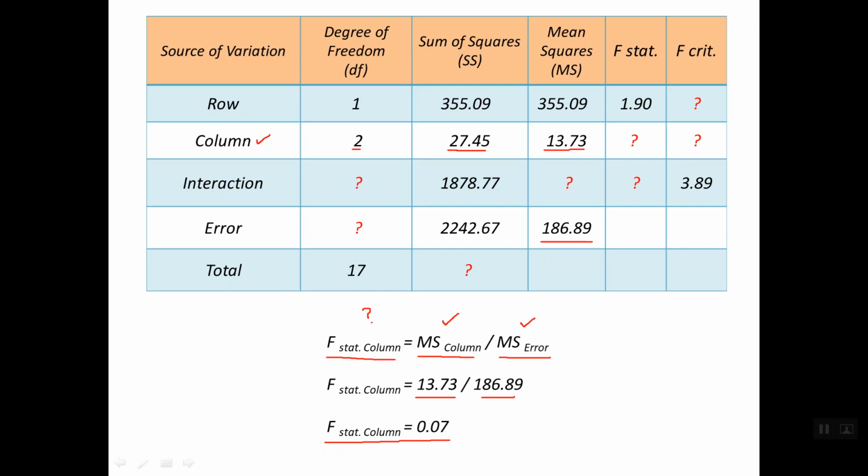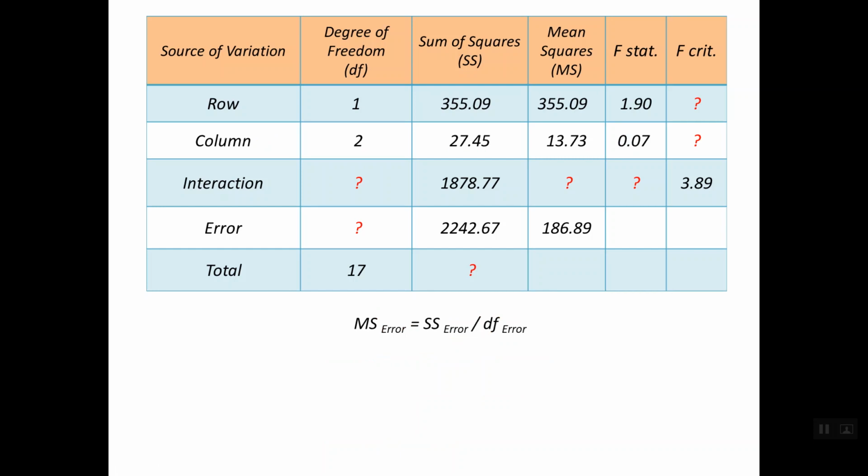Notice that the value of the F for the second factor is small, so the chance to reject the null hypothesis is very small. So we replace the value of the F in the ANOVA table.